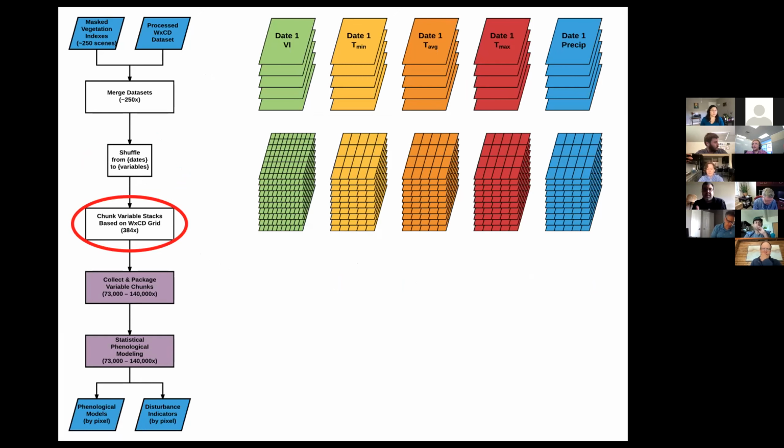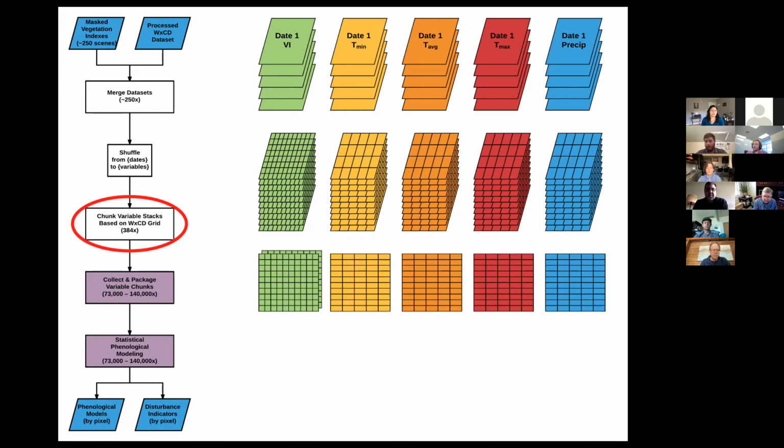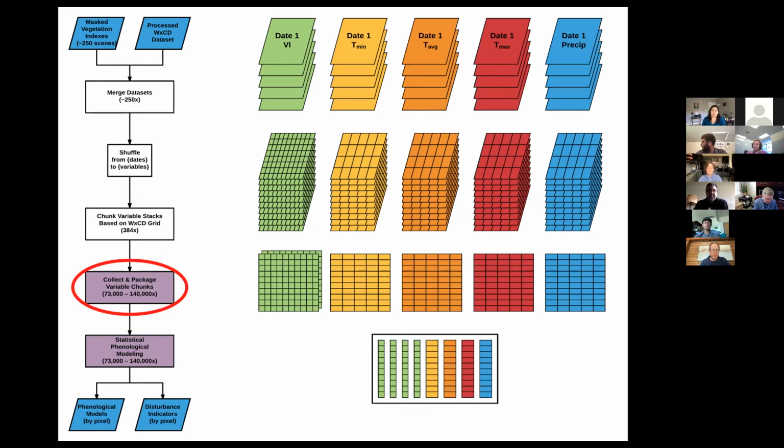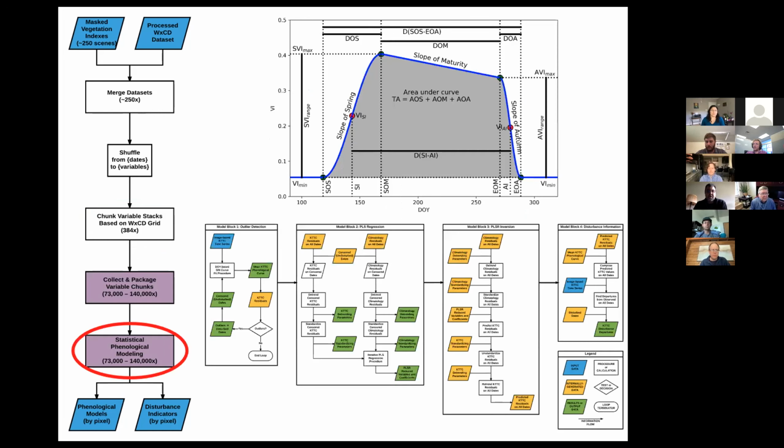So it turned out that a 16 by 16 pixel chunk worked very nicely with the climatology data sets and in terms of processing time in order to farm that out to processors on the high throughput computing center and the open science grid. And so chunking things into pieces so that there's a very specific data package that goes with the analyses, and then moving on to the statistical modeling component of it.